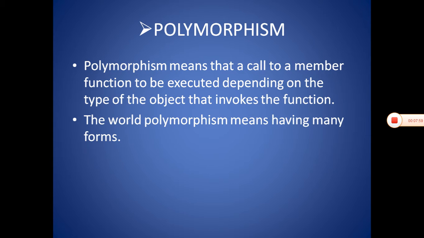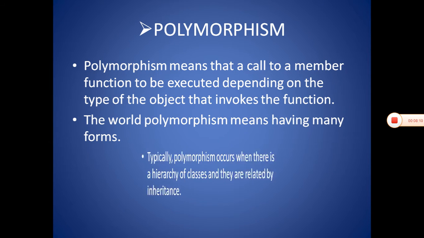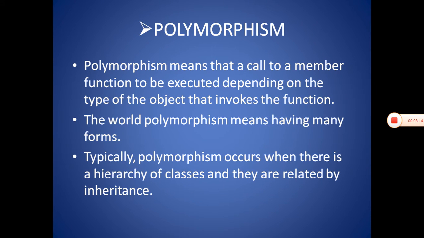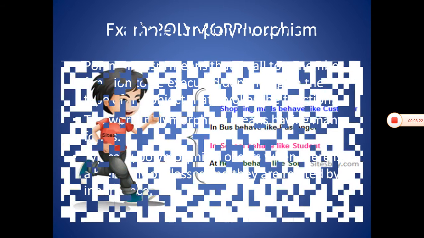Polymorphism means that a call to a member function will be executed depending on the type of the object that invokes the function. The word polymorphism means having many forms. Typically, polymorphism occurs when there is a hierarchy of classes and they are related by inheritance.